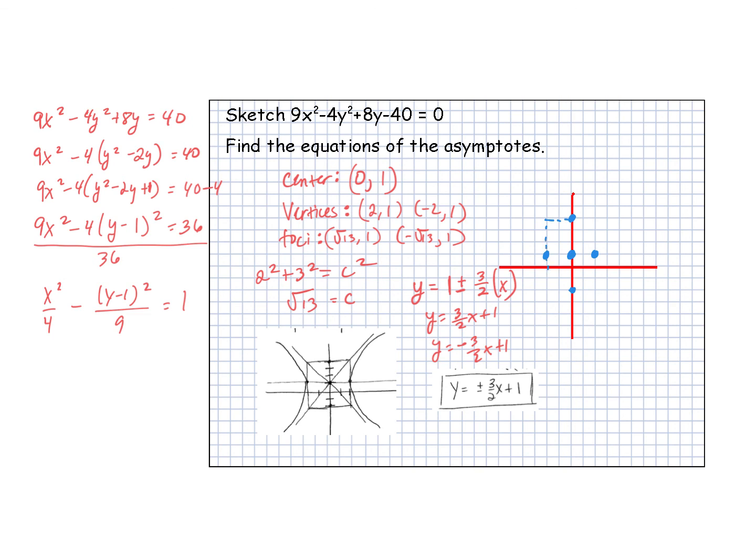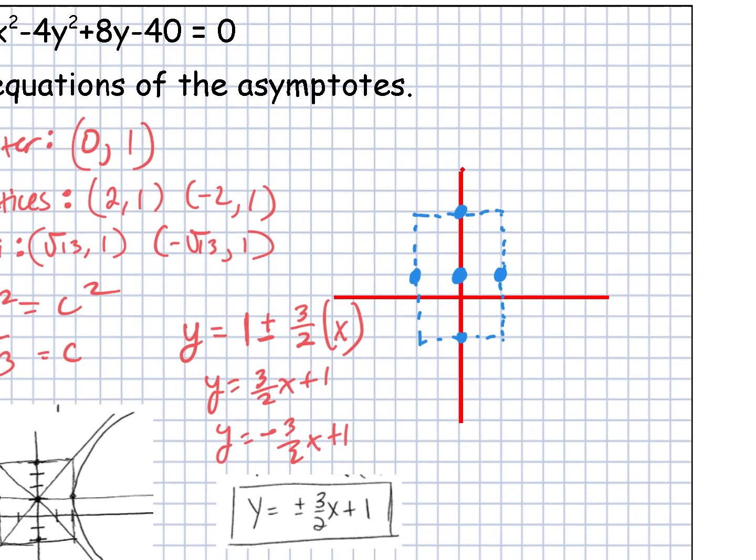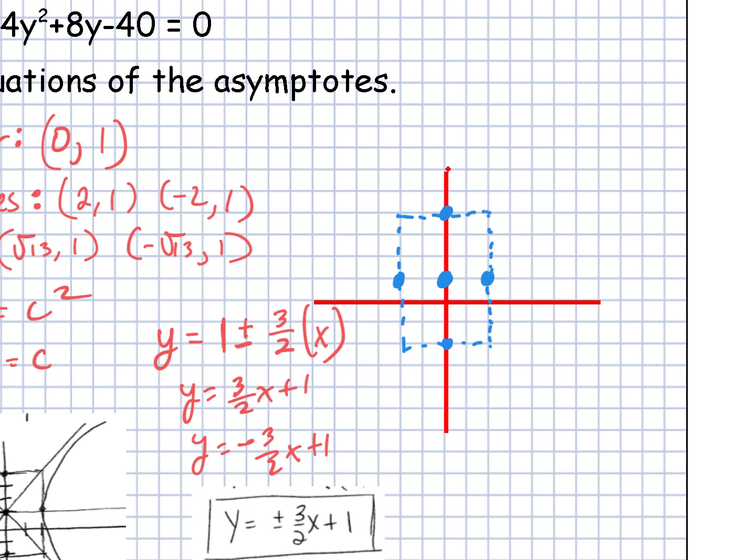But what that does for me, now that we see it come together, is when I put those asymptotes in there, right? My asymptote is 3/2 x plus 1. Starting from my center, rise 3, run 2. Boom, the corner of my rectangle is actually part of my asymptote.